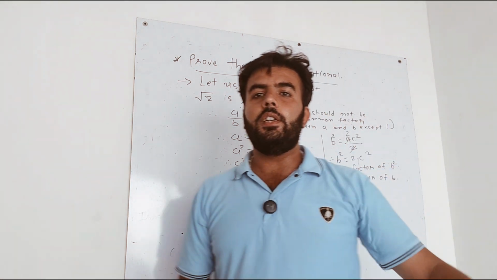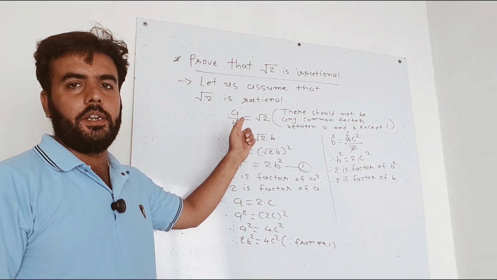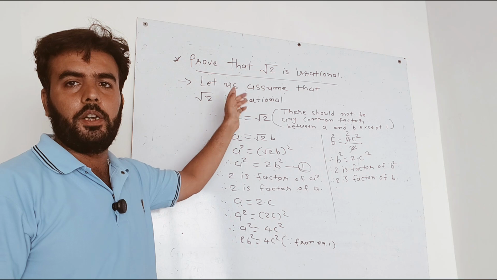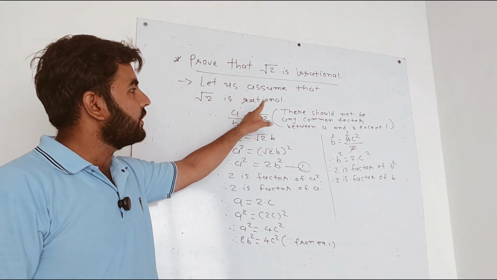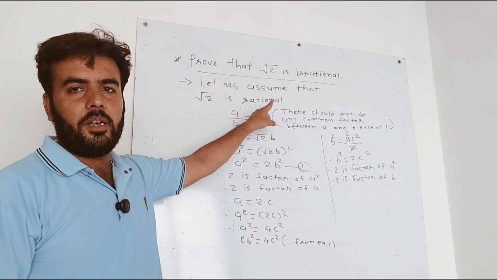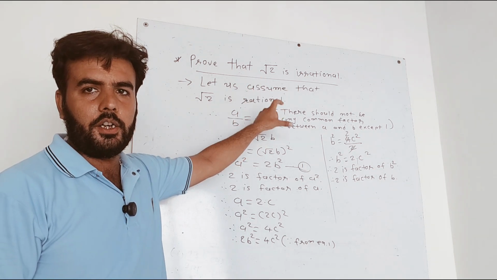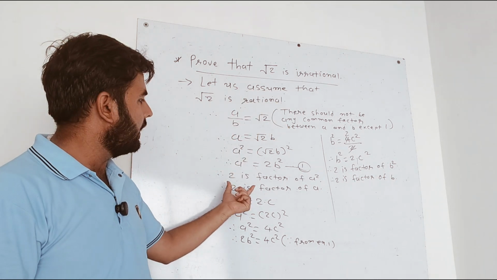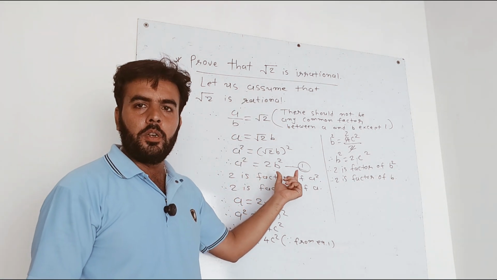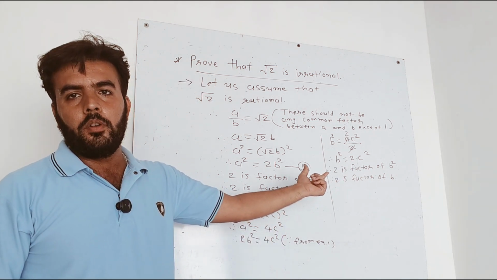So now see the whole sum. We had assumed the contrary that root 2 is rational in the first step. But to be a rational number, there was a condition that there should not be any common factor between a and b except 1. That condition was very much important. Now on simplifying we get that 2 is a factor of a. On further simplification we get that 2 is a factor of b.